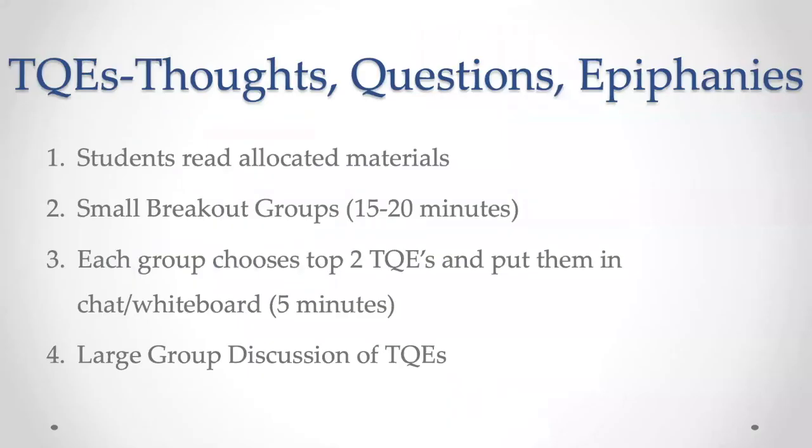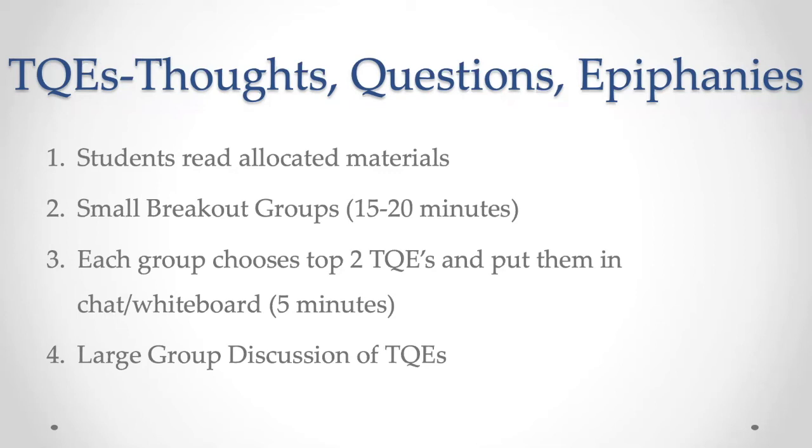One of my personal favorites, depends on what you're doing, but one of my personal favorites is TQEs, or thoughts, questions, and epiphanies. A lot of these do require students to read the allocated materials ahead of time.